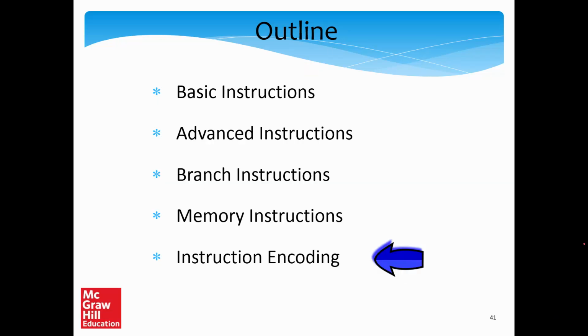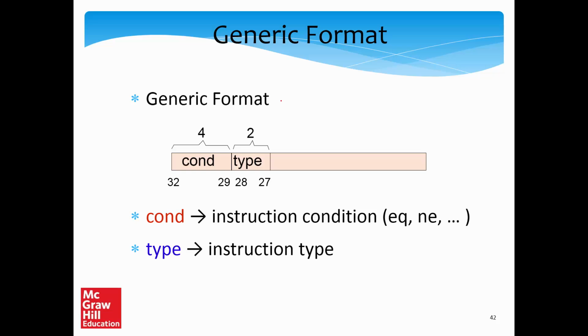Let's now look at ARM instruction encoding. So here the basic problem is that we need to encode instructions in a bit field of 32 bits. Let's first define the generic format which most ARM instructions follow. Here the first 4 bits, 31 down to 28, represent the condition.